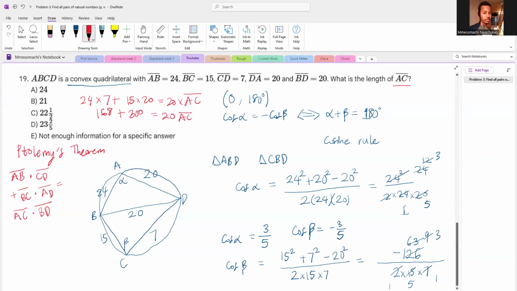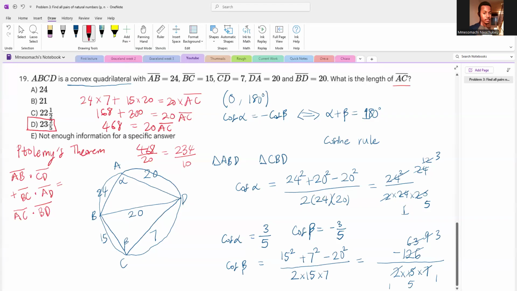So 168 plus 300 is 468, divided by 20. 468 divided by 20 is 234 divided by 10, which is 23.4. That's 23 and 2 over 5. So this is our final answer.